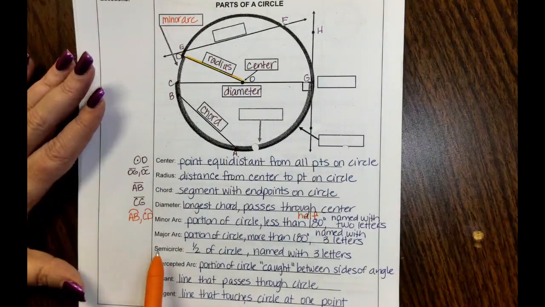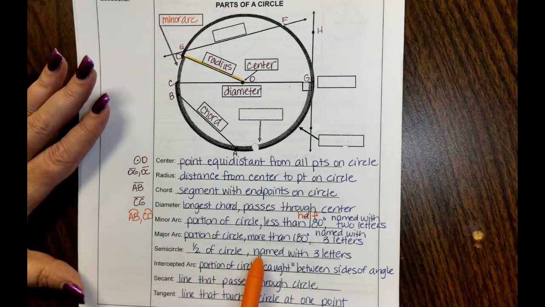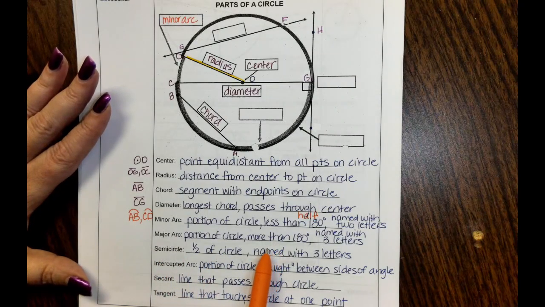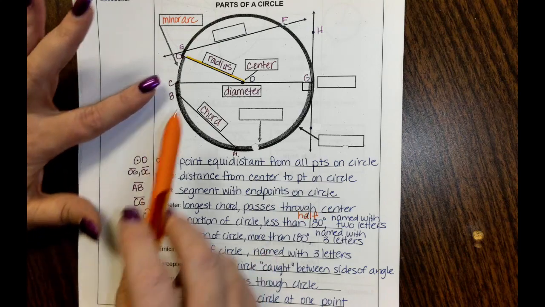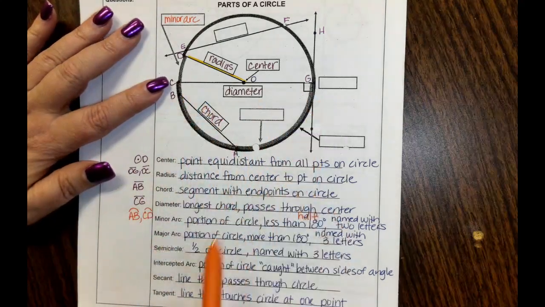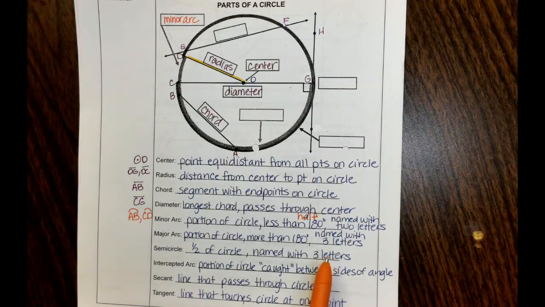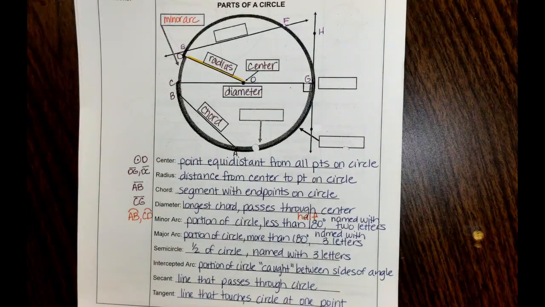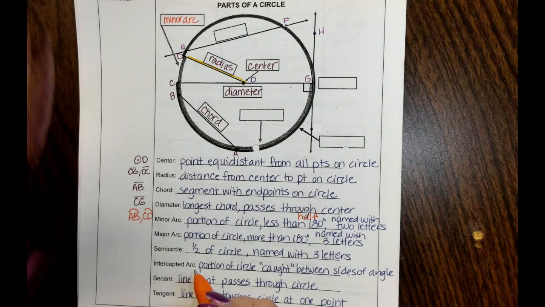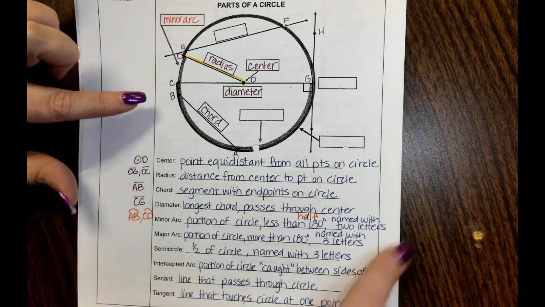A major arc is a portion of a circle that is more than 180 degrees, more than halfway around the circle, which the diameter is what splits it into half of a circle. It is named with 3 letters. It's where you start and where you end and which one you pass through inside, or which one you're going to pass through as you go around.